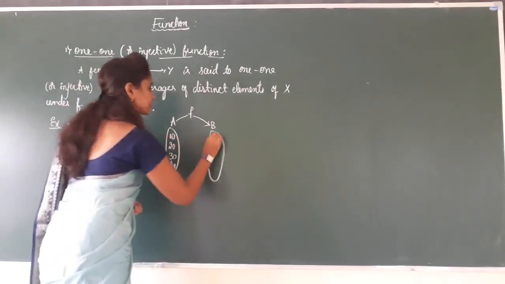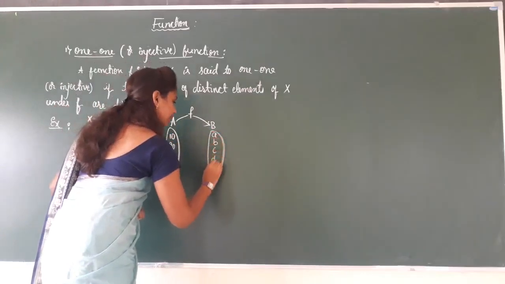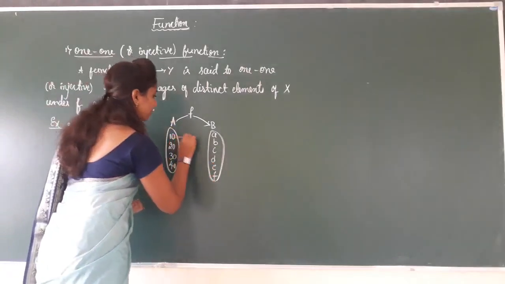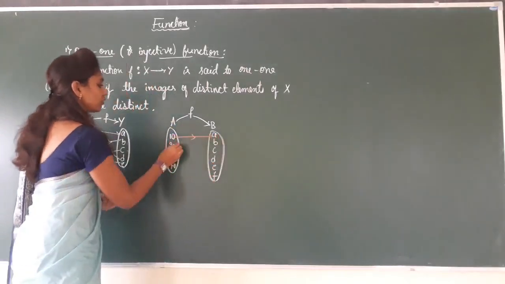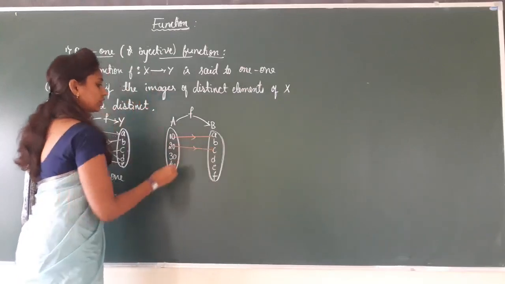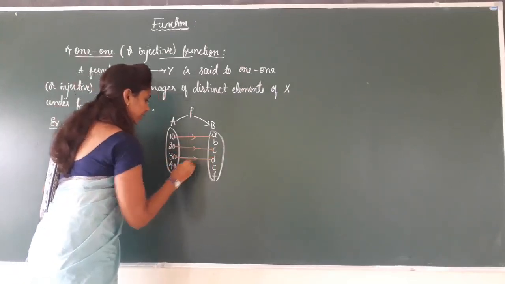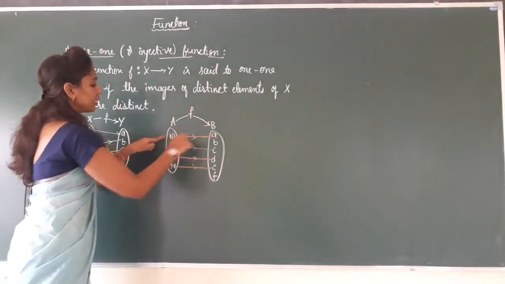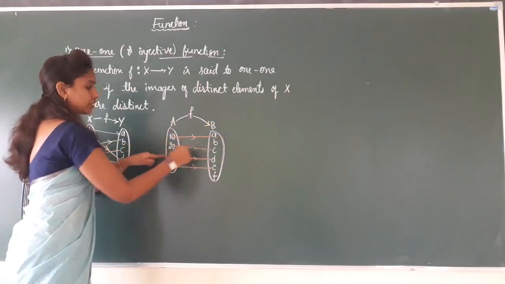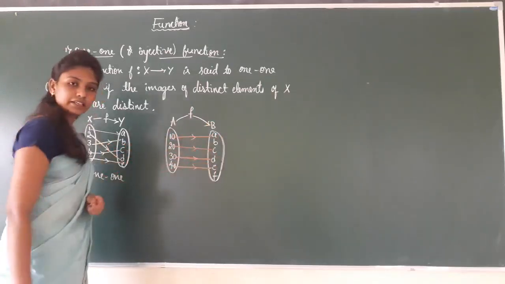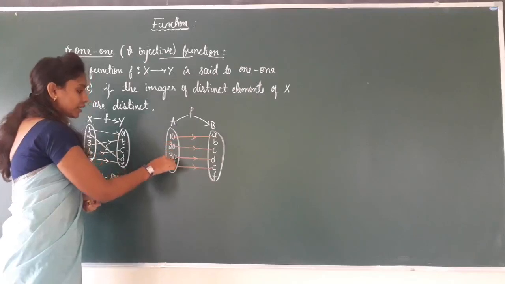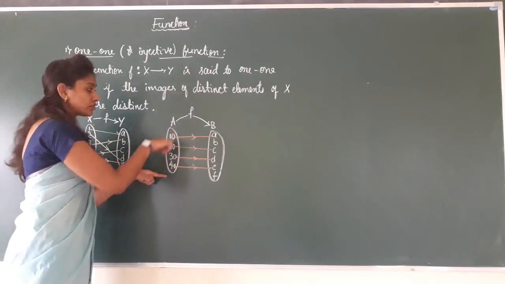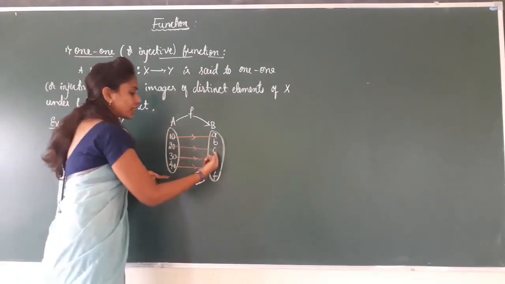B having the elements A, B, C, D, E, F. So 10 is mapping to the element A, 20 is mapping to the element C, 30 is mapping to D and 40 is mapping to E. The image of 10 is A, 20 has C, the image of 30 is D and the image of 40 is E. All the different elements 10, 20, 30 and 40 of the set A have different images.